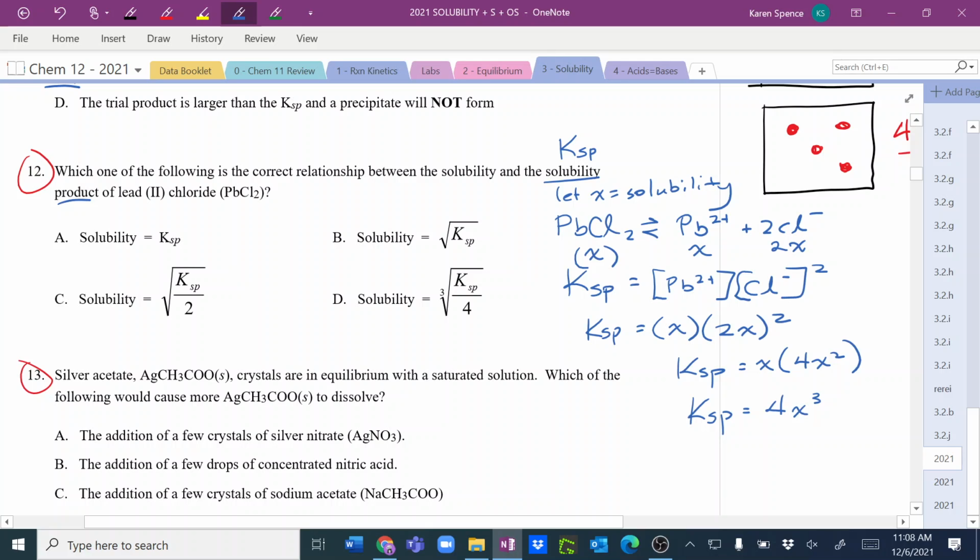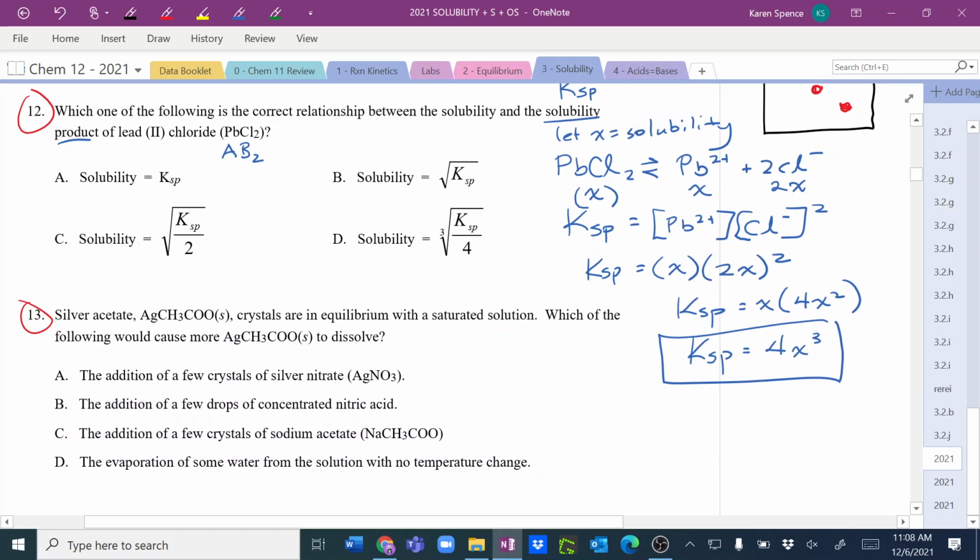This is a multiple choice question. If you know that for an AB2 compound KSP is equal to 4X cubed, you obviously don't need to do all of this work. You can just go straight to KSP is equal to 4X cubed for an AB2 compound. Save yourself a lot of work.